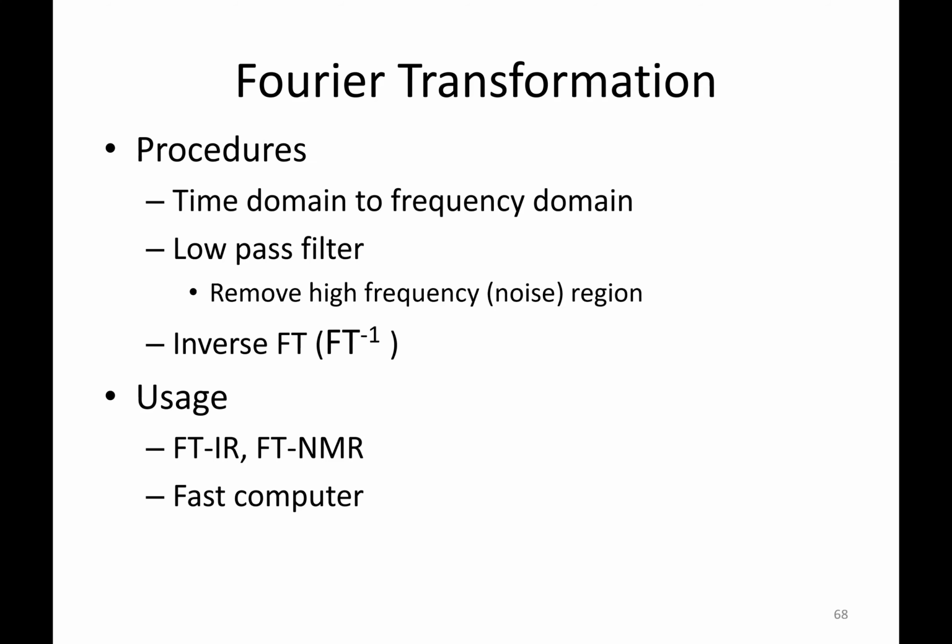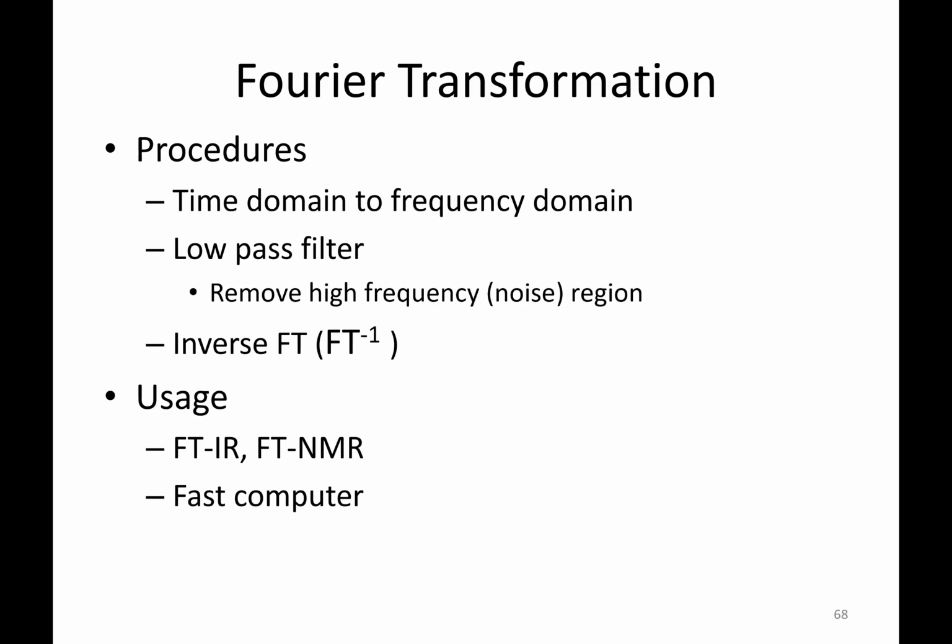Obviously, it is just changing the spectrum from the time domain to the frequency domain. Use low pass filters, and then from there you do FT. There is also the inverse FT. So again, I want to show you what the inverse means.